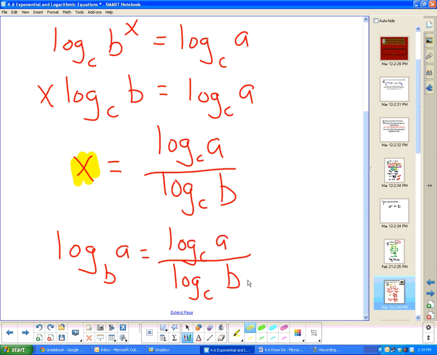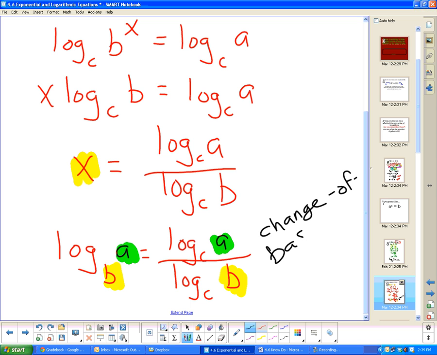The important part here is to equate the parts that are equal to each other and get them all in the right place. And this final statement, the generalization of the techniques we've been using, is what's called the change of base formula.